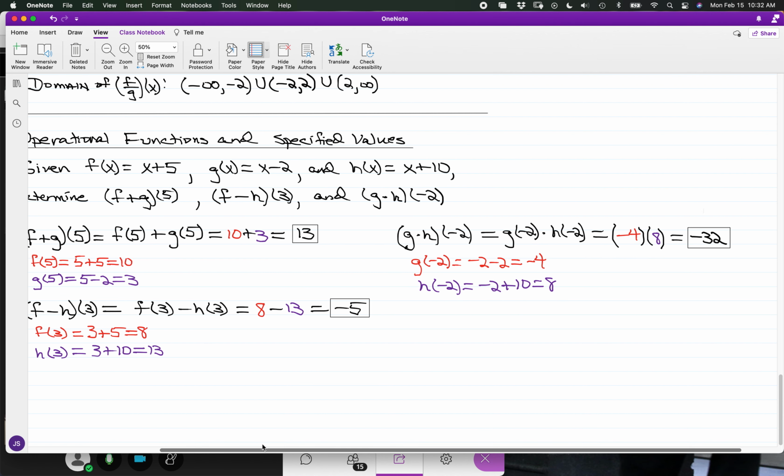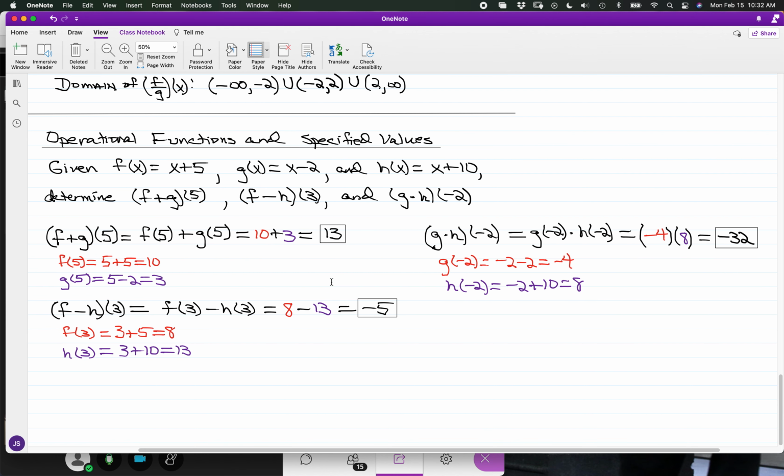So in sum, for the specified values, for f plus g of 5, we have f of 5 plus g of 5, and using f of x and g of x to get f and g of 5, those values combined give 13. For f minus h of 3, I'm using both f of x and h of x to get f and h of 3, and taking the difference, 8 minus 13, the result is negative 5.